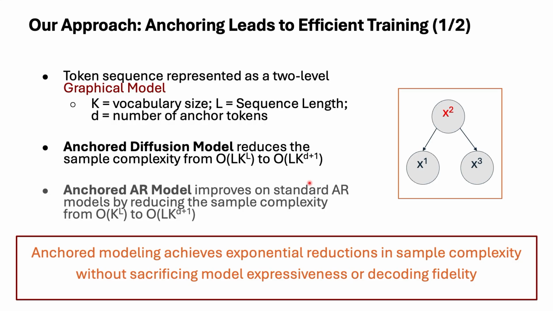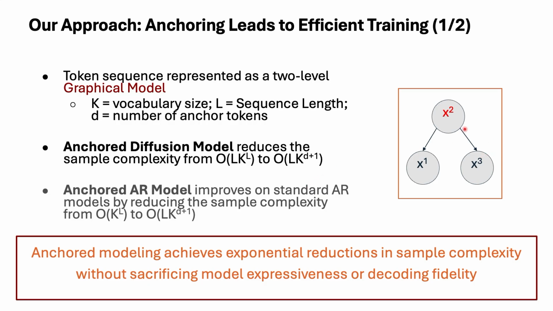First of all, anchoring leads to efficient training, and this is very simple to see. Suppose you truly believe that language is simply a graphical model, meaning there are a few important words, and conditioned on those, the rest can be written as conditionally independent products.